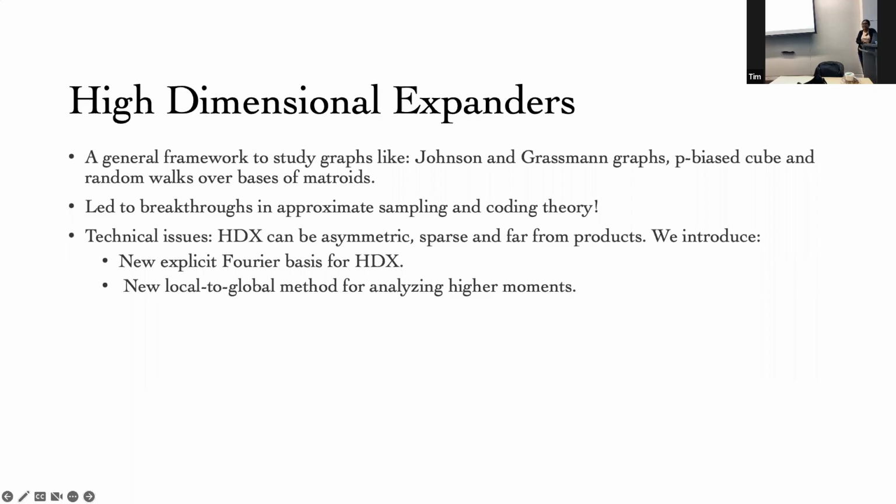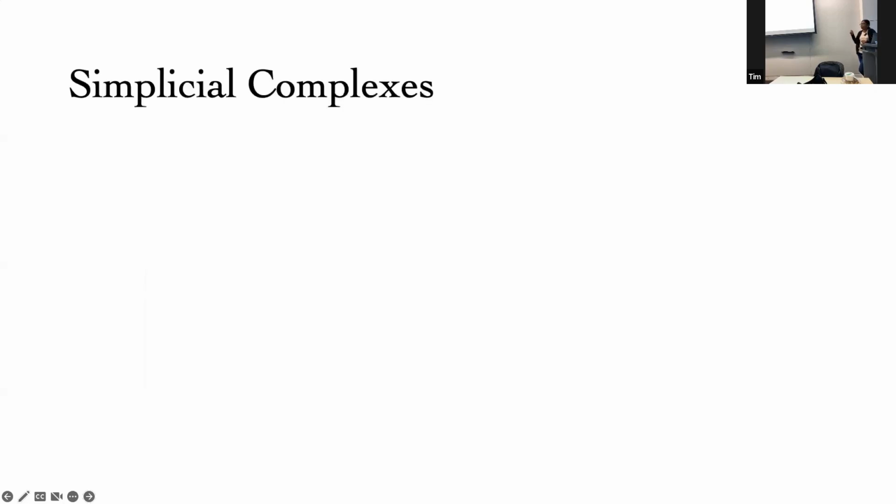So now finally, let me tell you what high dimensional expanders are. Let's focus on the Johnson graph. Instead of viewing it just as a graph with vertices and edges, we view it as a complex. Think of this hypergraph as the Johnson graph, to be concrete. The vertices of the Johnson graph are all the subsets of size K of n.